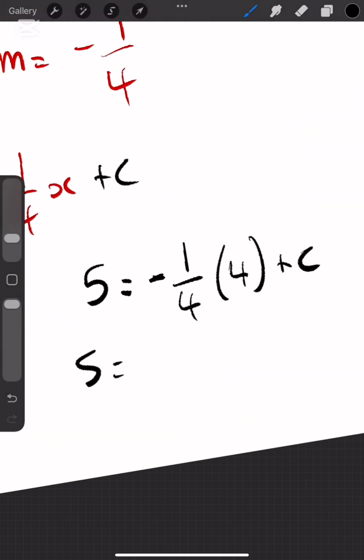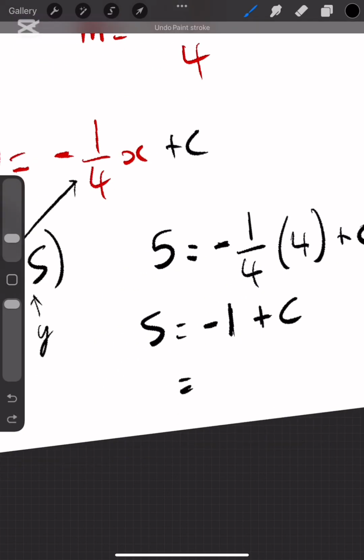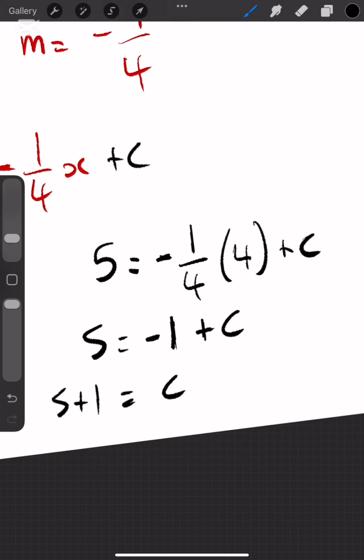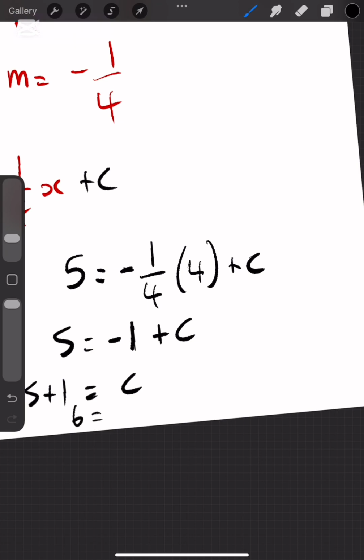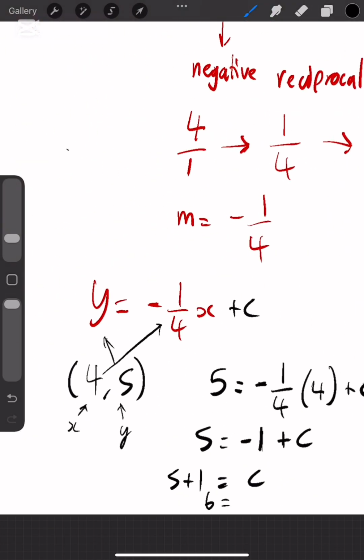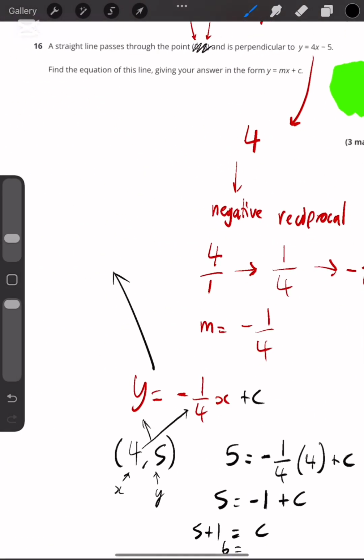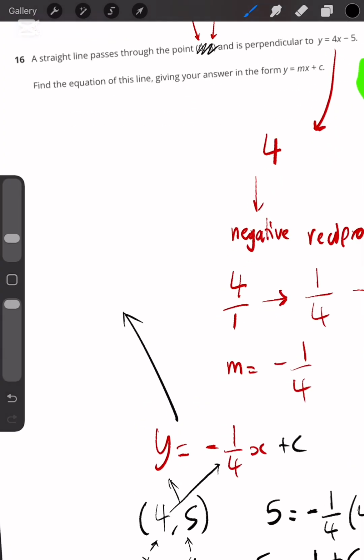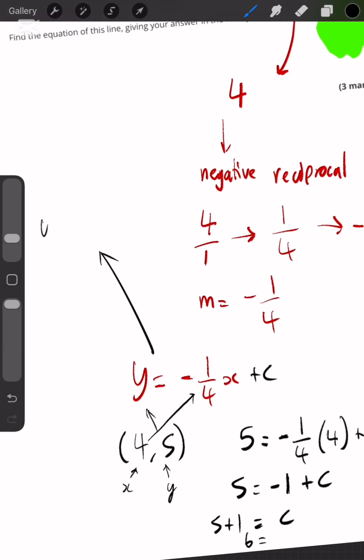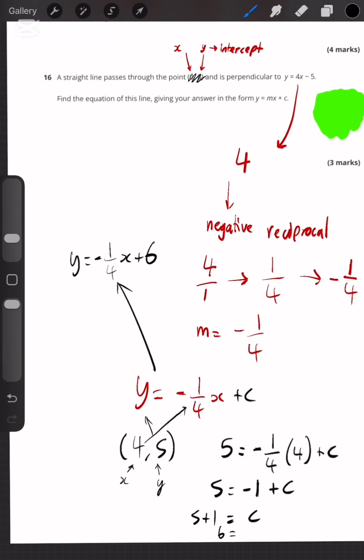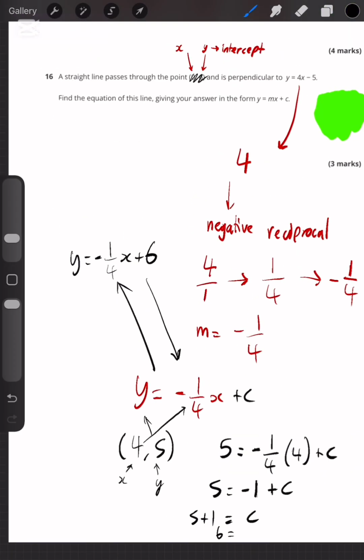So we can expand and move the minus 1 to the other side, and we get c is equal to 6. Perfect, so we can just rewrite that. There we go. That's how you solve for that equation, and that's how you solve for a perpendicular line.